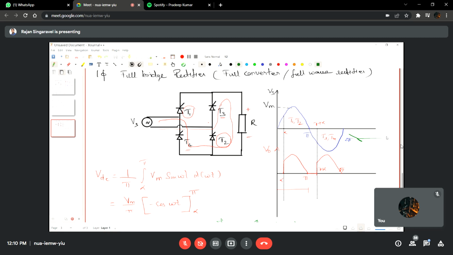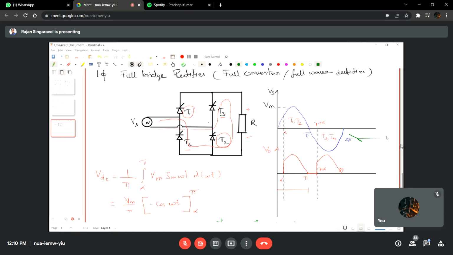In R load, there is no difference in the working principle. When you supply alpha, the thyristor starts to conduct, and when omega is equal to pi, that particular pair will be turned off, and the next set of thyristors will be ready to conduct. And when you apply triggering pulses at omega equal to pi plus alpha, the next set of thyristors starts to conduct, and it will conduct up to omega equal to 2 pi.